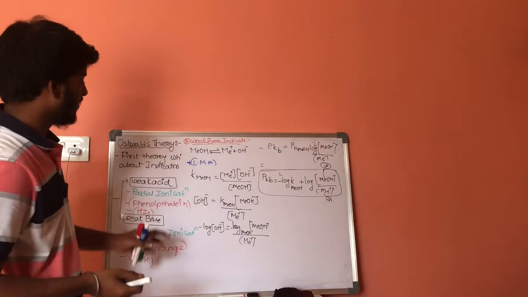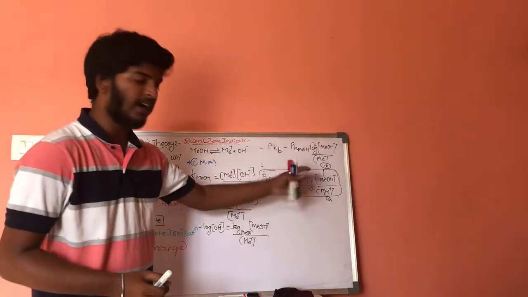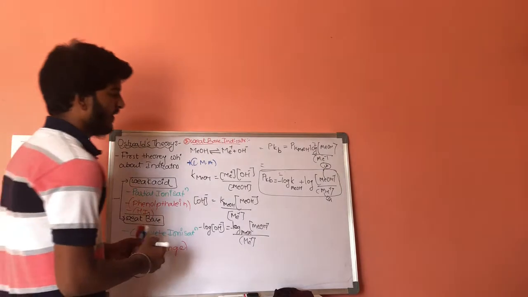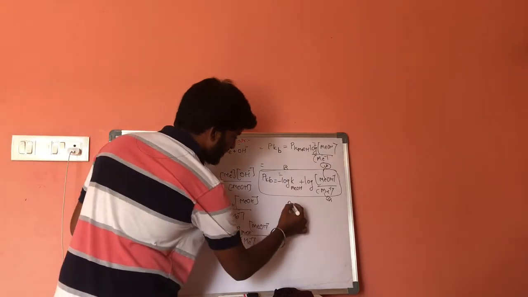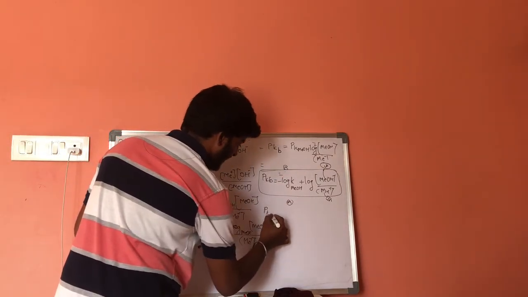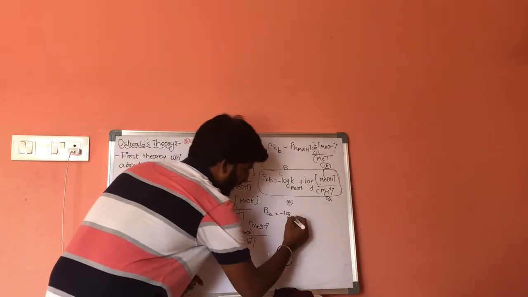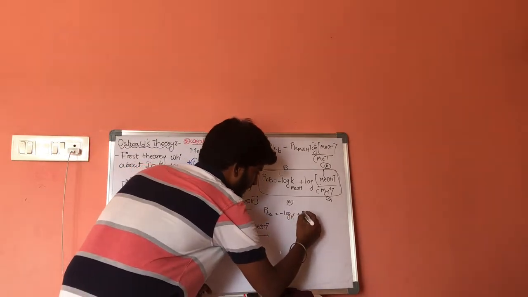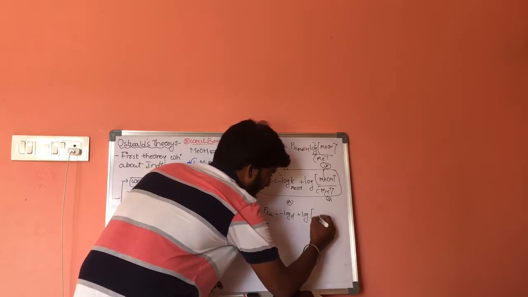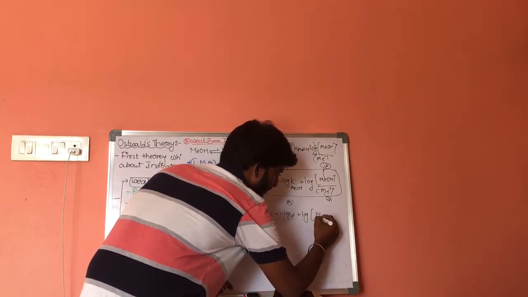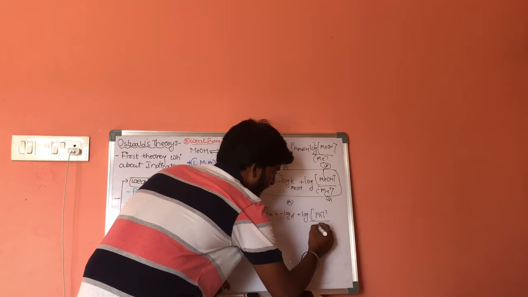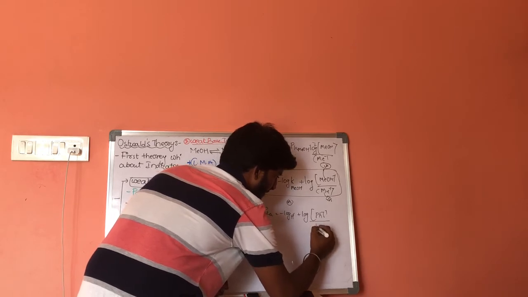It is mainly dependent on the ratio of ionized form and unionized form. This is about basic. And if we discuss acidic, pKa is equal to minus log H plus plus log Ph minus by HPh.